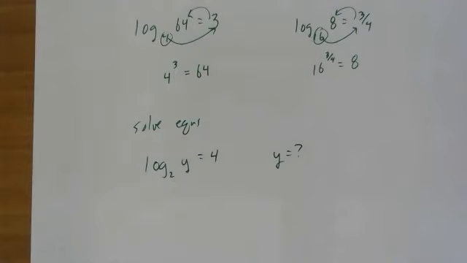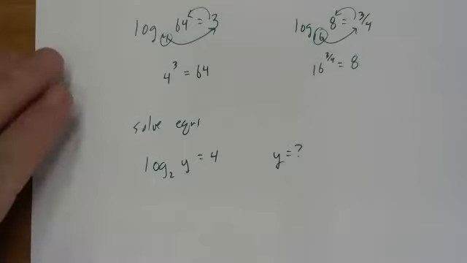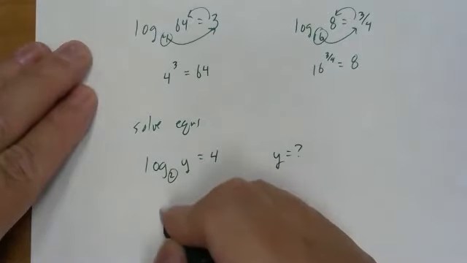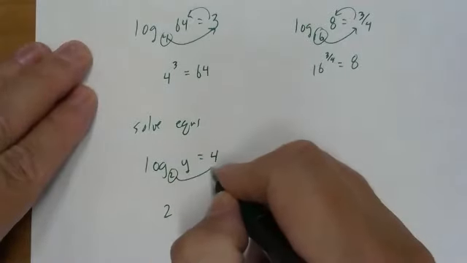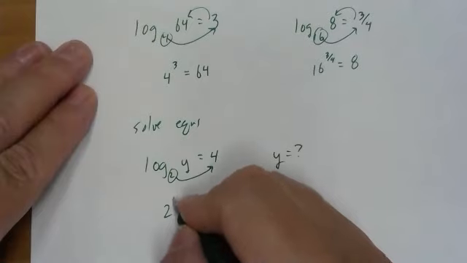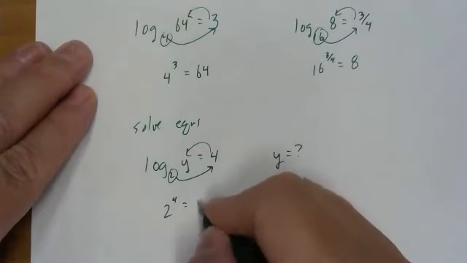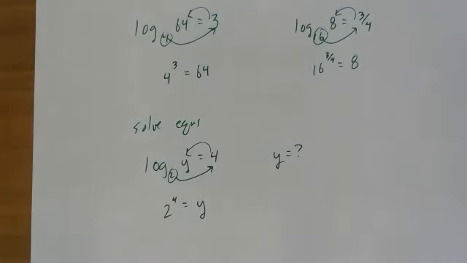That's what we do almost all the time. If you're given a log equation and you're trying to solve it, usually the easiest and best way is to convert it to an exponential equation. So I start with the base of my log, I go over here, so 2 to the 4th, and I come back here.